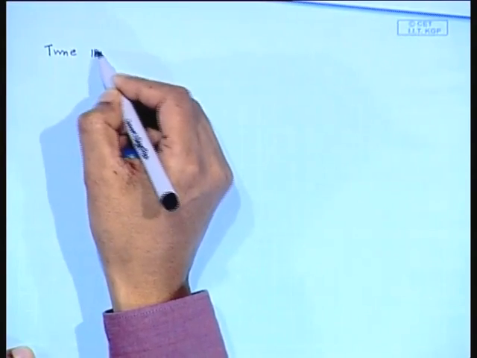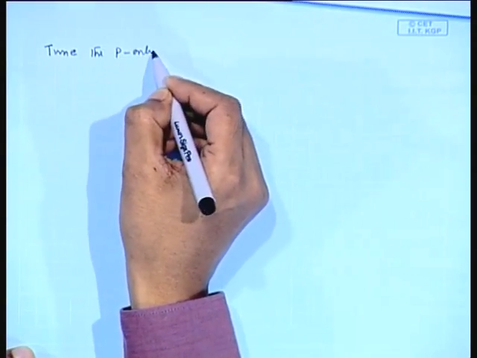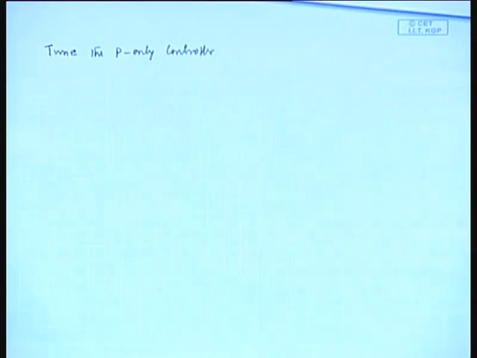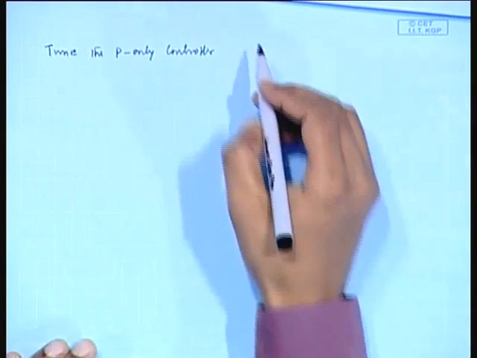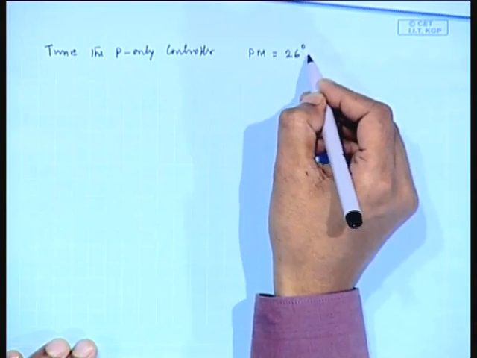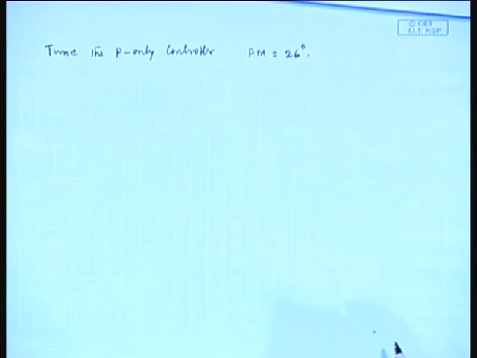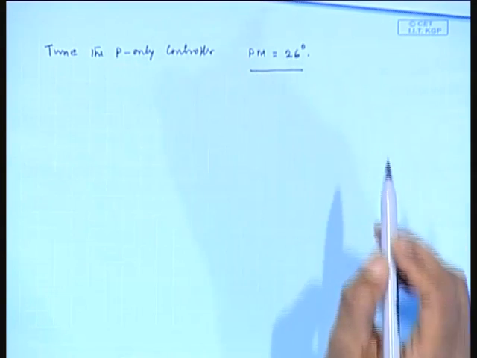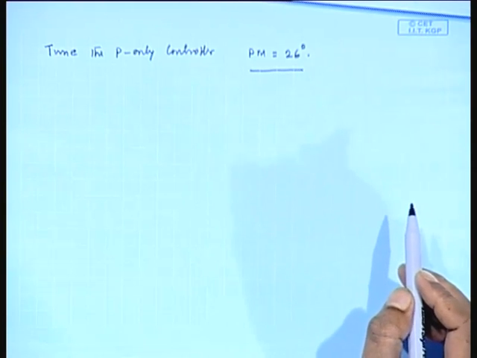So, next question is to tune the P only controller when the phase margin is 26 degree. Find the Kc value when this phase margin is 26 degree.